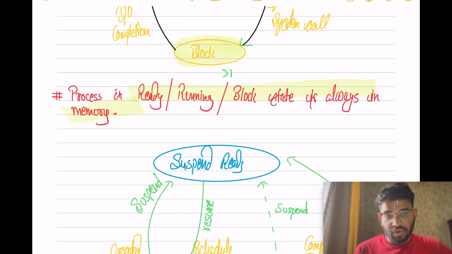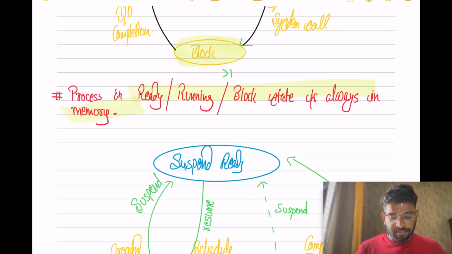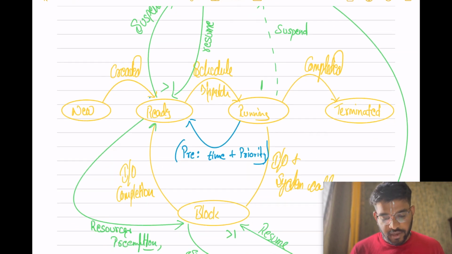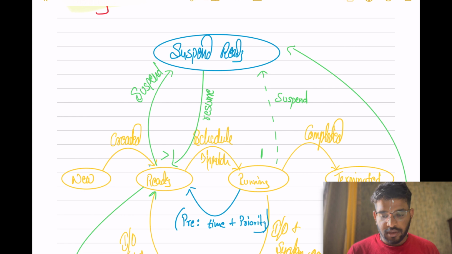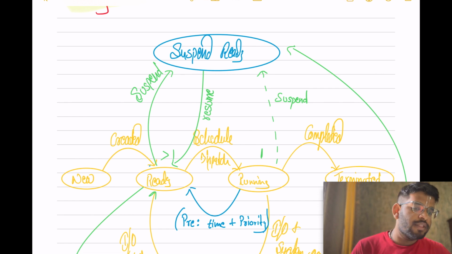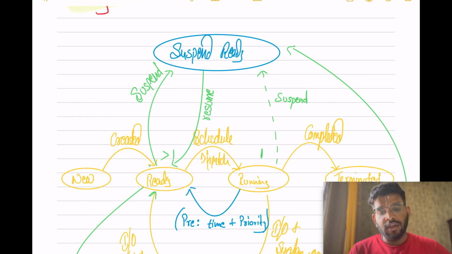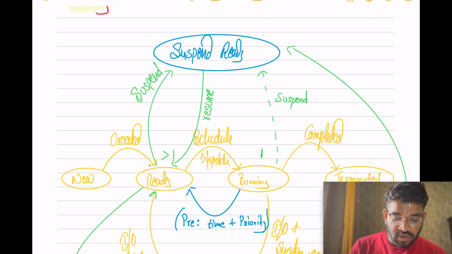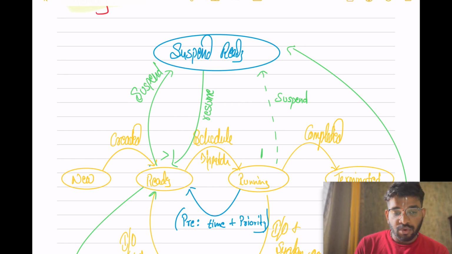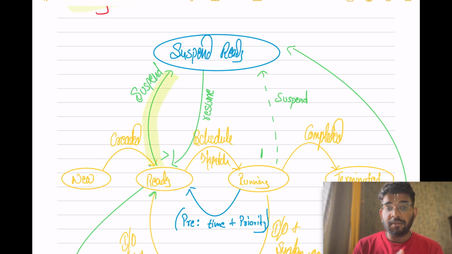Now what we are also going to see is that a suspended state resides in secondary memory. If the previous diagram is clear, if a process is to be scheduled and is present in the main memory, and the resources required for execution are not available, then the process is suspended and goes to the suspended ready state.